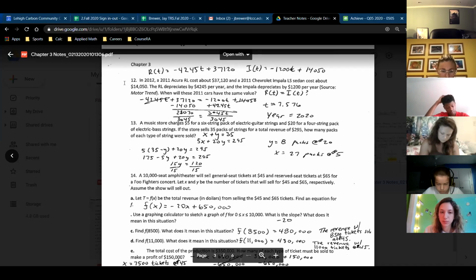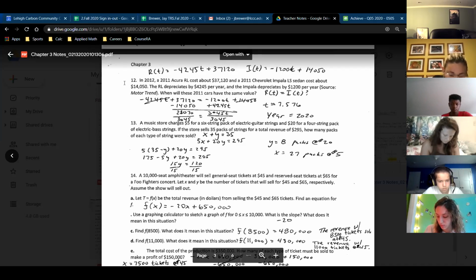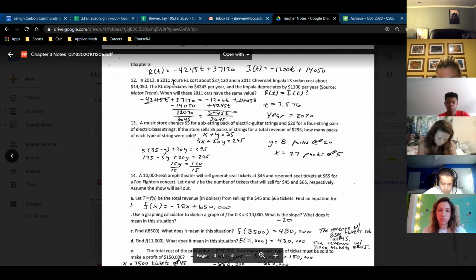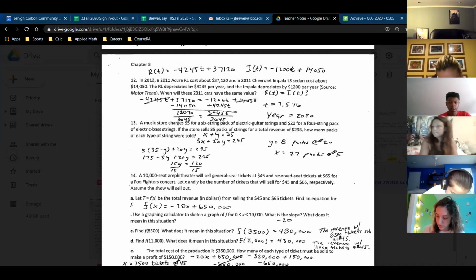When will these 2011 cars have the same value? So basically, you want to figure out when the R of T, which is your Acura, and then your I of T is your Impala, have an equivalent price.